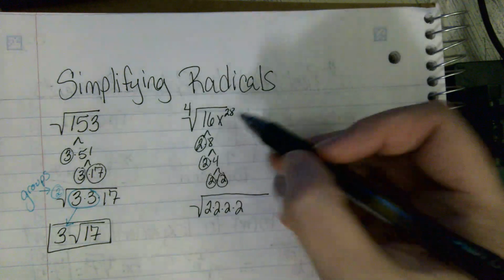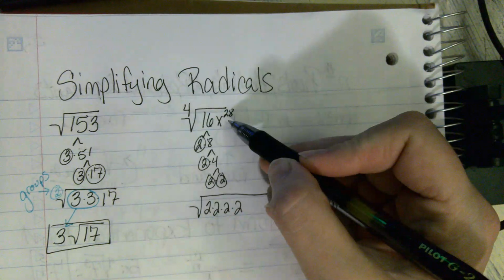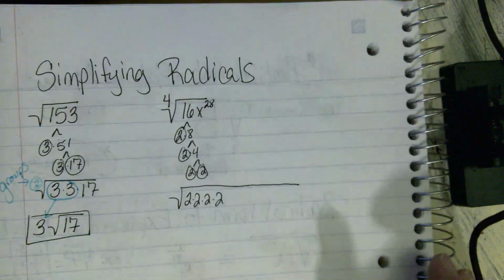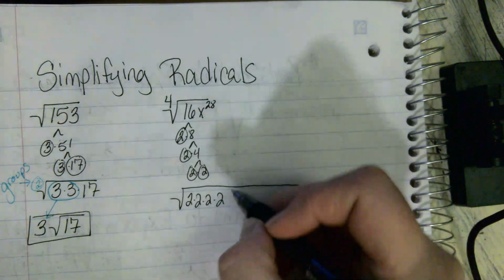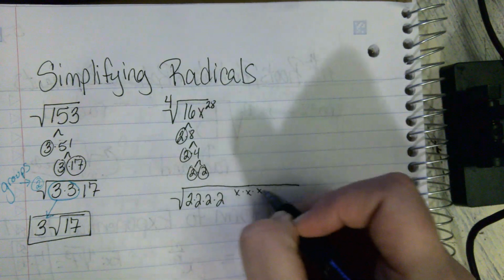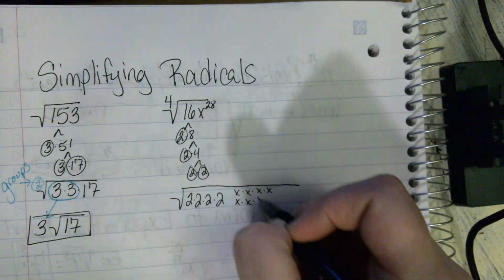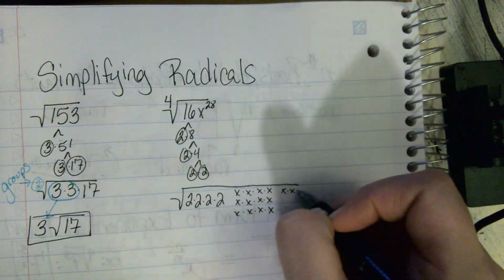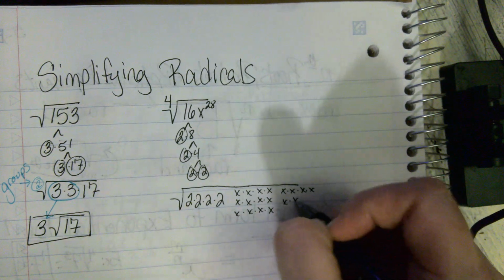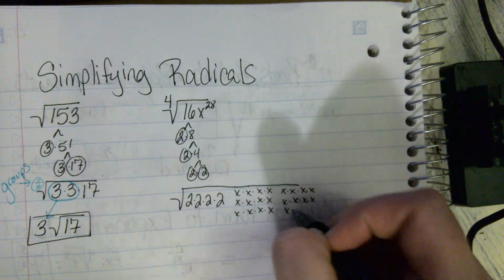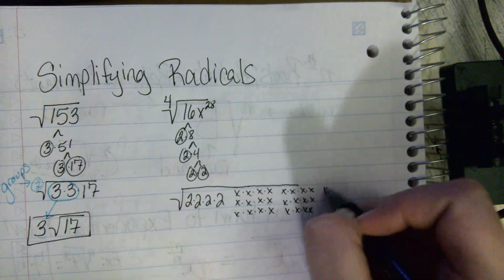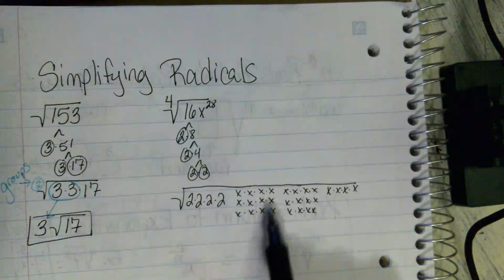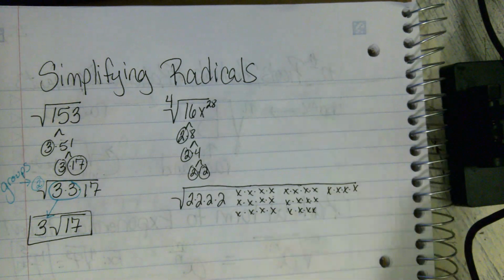And you can actually expand this out as well if you're okay drawing out 28 x's. I'm going to do that for you here, but I will also show you a little bit easier step. So 1, 2, 3, 4. And the more you do this, you'll be able to do a lot of it in your head instead of having to expand it out. If I have 7 groups of 4, which is 28.